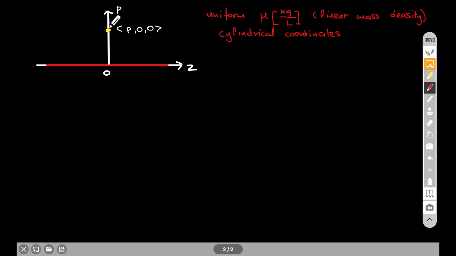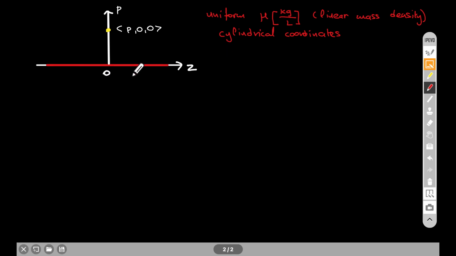Since the point particle is located a distance rho from the origin, what is really important for me is the distance from the origin to the point particle. It doesn't matter whether this point mass is on the x-axis, on the y-axis, or neither of the two. The important thing is to have the distance from the origin, and this tells me that I can start by using the cylindrical coordinate system and then see where that takes me.